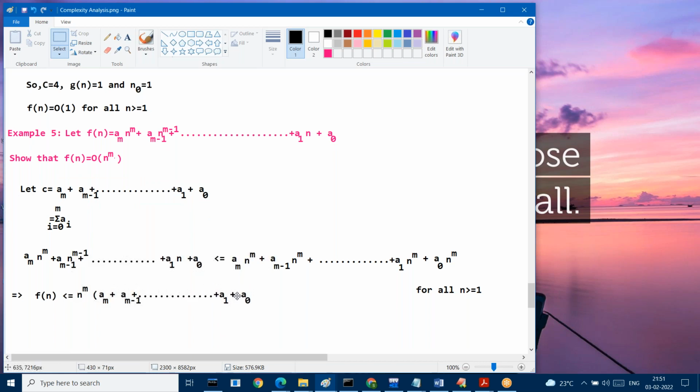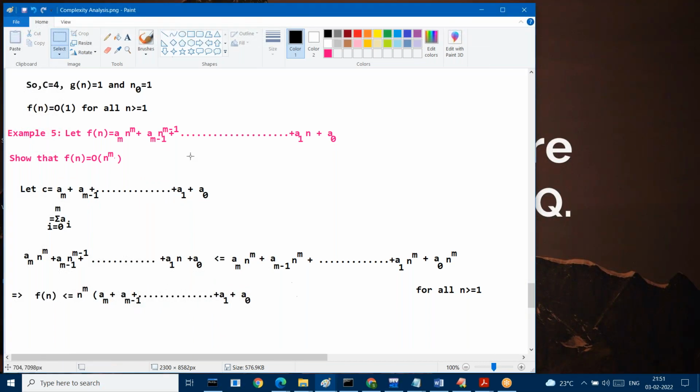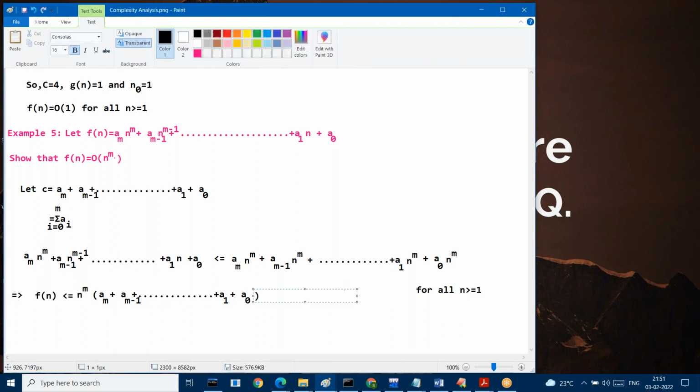If you take n to the power m as common, and you know that addition of constant will be what, guys? Constant only. So this particular part a0 plus a1 dot dot dot up to am is nothing but a constant, sir.